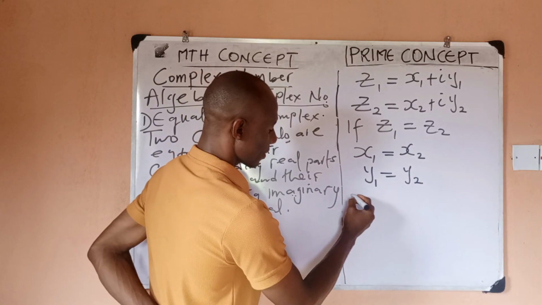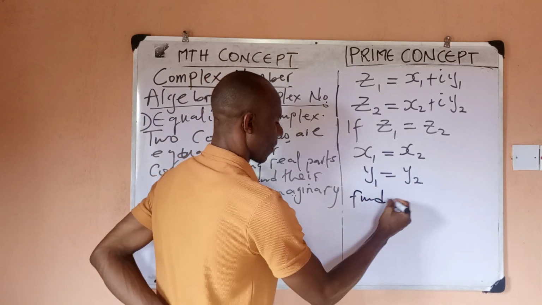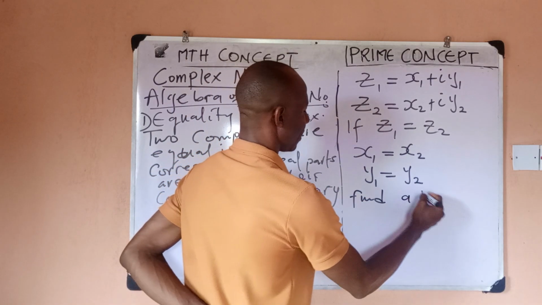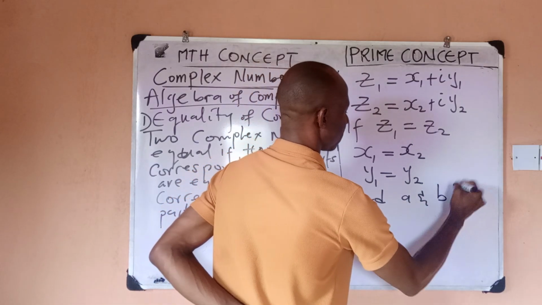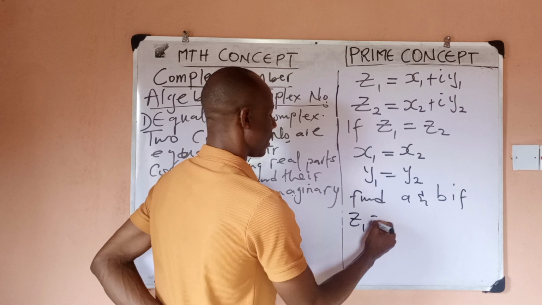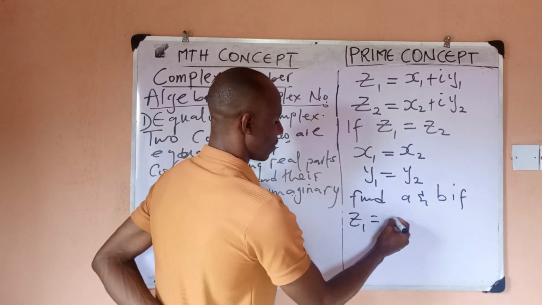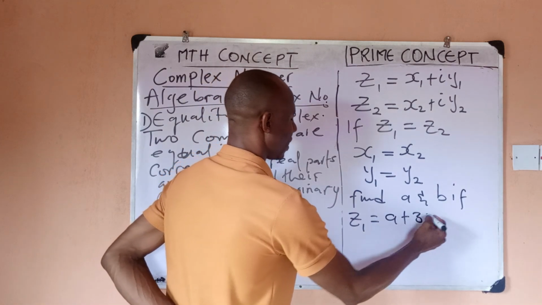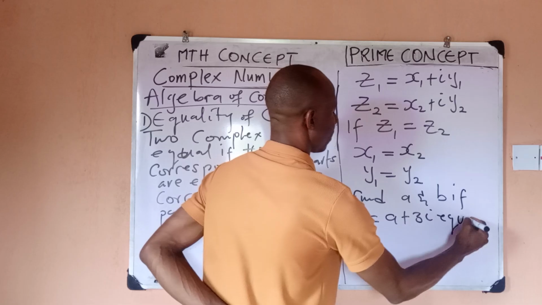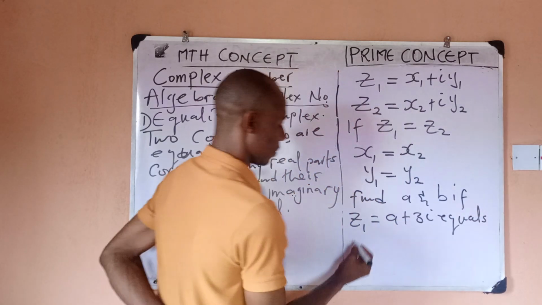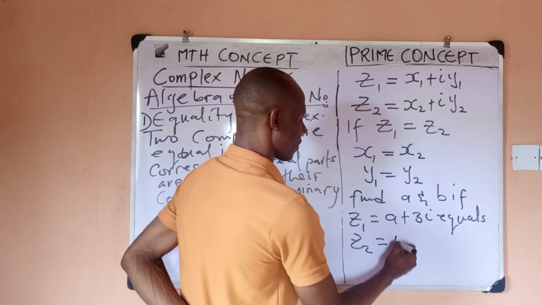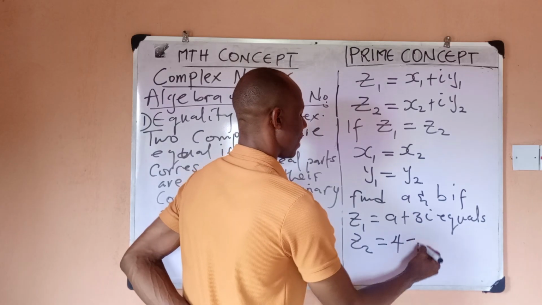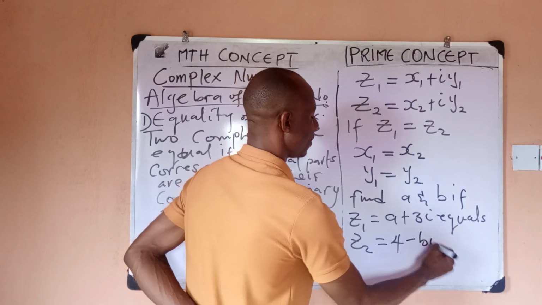Find a and b if z1 equals a plus 3i equals z2, which is equal to 4 minus bi.